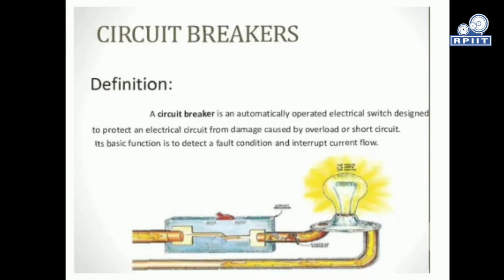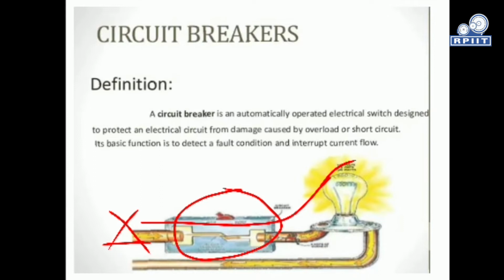Here is an example of an electric circuit. Say an electric bulb is given over here. This bulb is our load basically, and it is connected to our transmission line through this circuit breaker. Suppose there is a fault in the transmission line over here. Obviously the current will increase throughout this line and directly to this one.